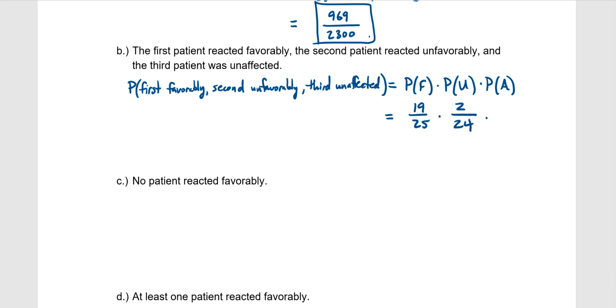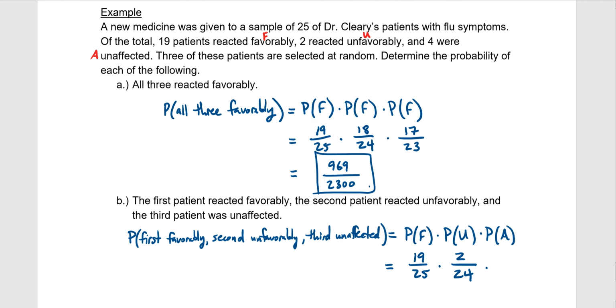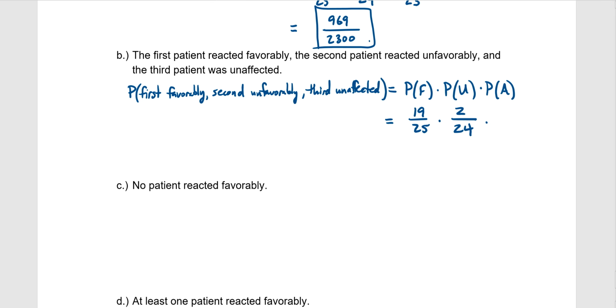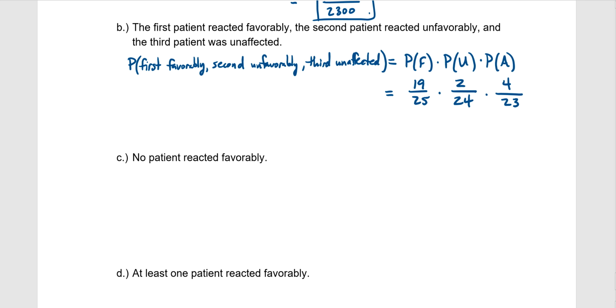From the favorably one, we took 1 out of the sample space, so 1 from 25 to 24. For unaffected, there are 4 that were unaffected, so that's going to be 4 out of, now there are only 23 left because we took out 1 from reacting favorably and 1 from unfavorably. And now we're going to multiply all of these together, and it ends up simplifying, so I'm just going to simplify it in one sweep here, to 1,725.